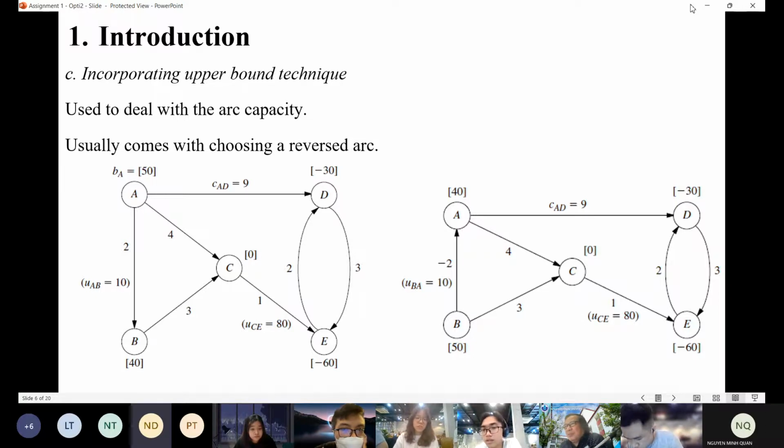But there is something more here: c_AB, c_AD, or u_AC, u_CE. What is it? So the difference of the upper bound here is u_AB in the first picture is equal to 10, but in the second picture it's u_BA equal to 10.